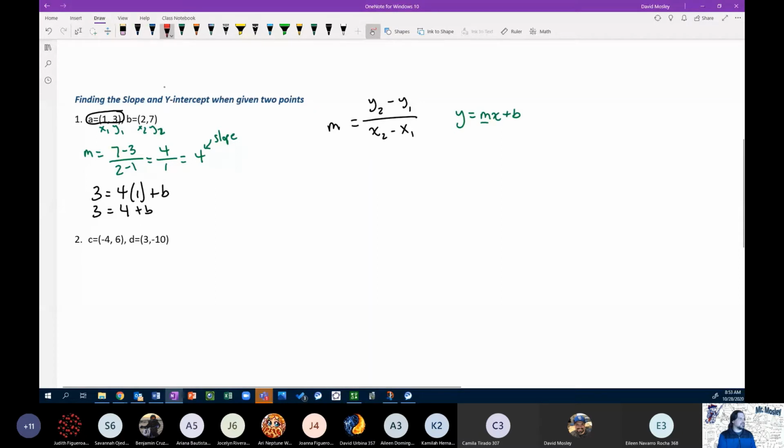We will subtract 4 from each side. 3 minus 4 is negative 1. So negative 1 equals b. That leaves the rule to be y equals 4x minus 1.